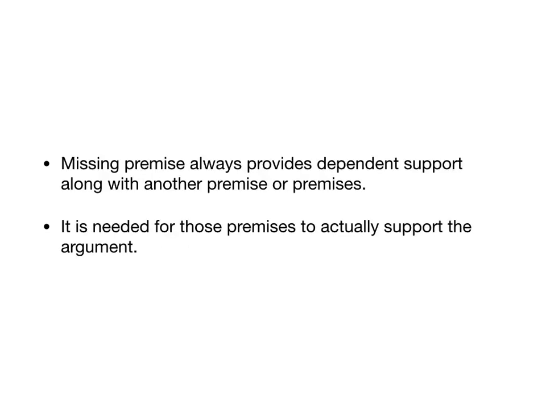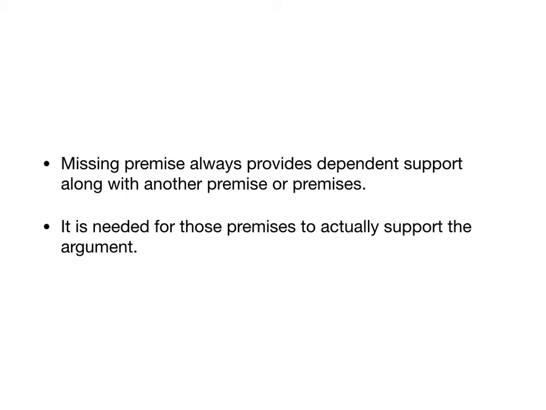They're going to provide dependent support with another premise or premises to get to a conclusion or to get to the next step in an argument. You need this missing premise to support the argument. The premise or premises on their own aren't enough. They need something else to provide dependent support.